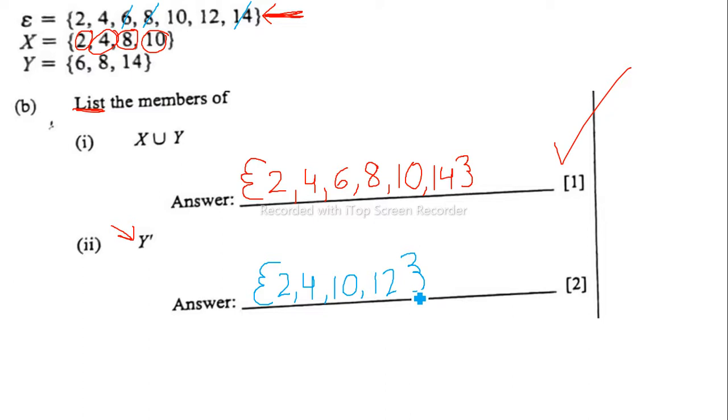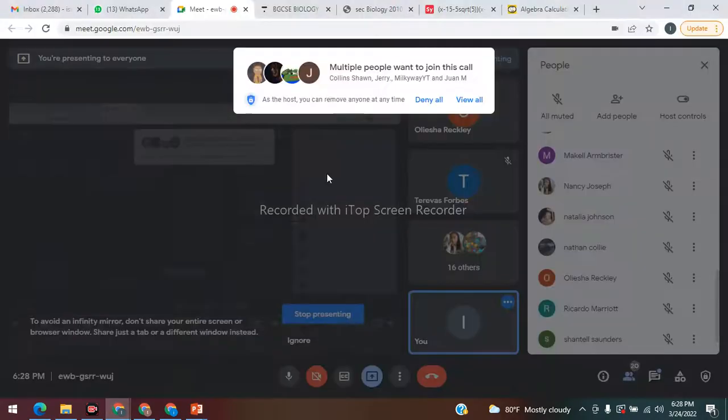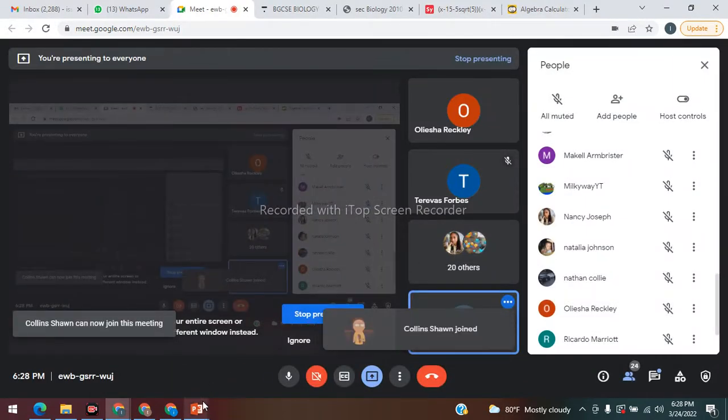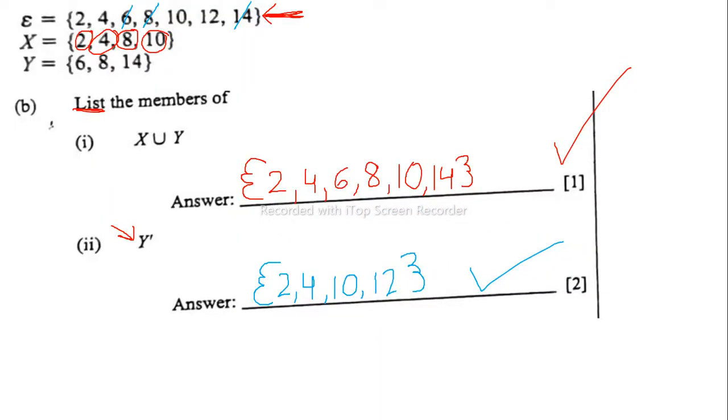Okay, so that's how we do it. So please copy this down, and then I think we already have it, right?